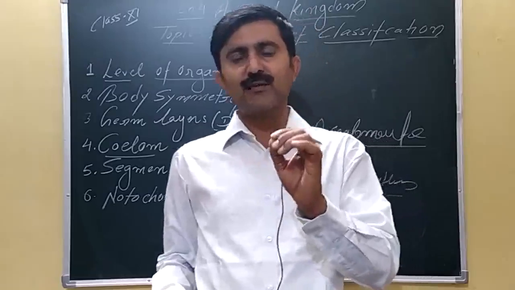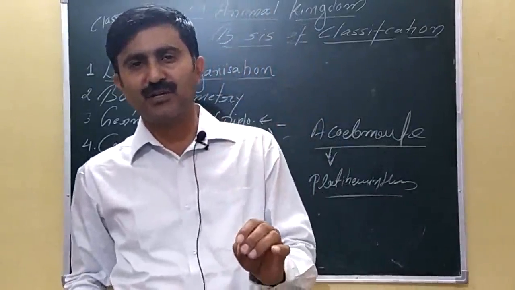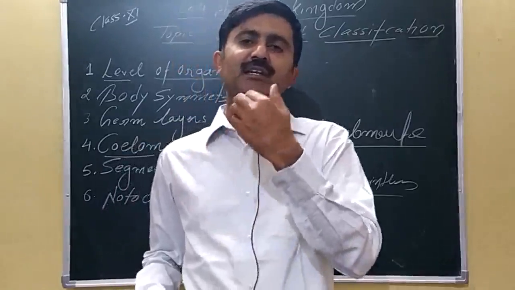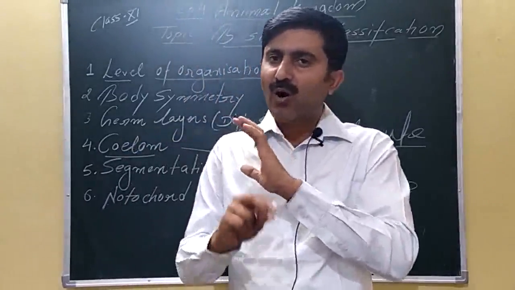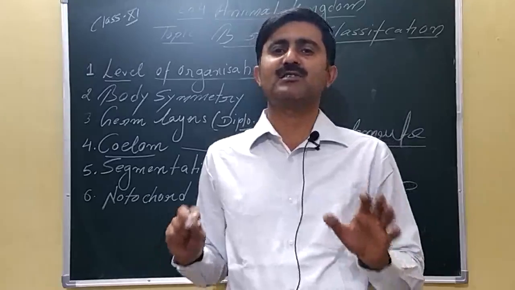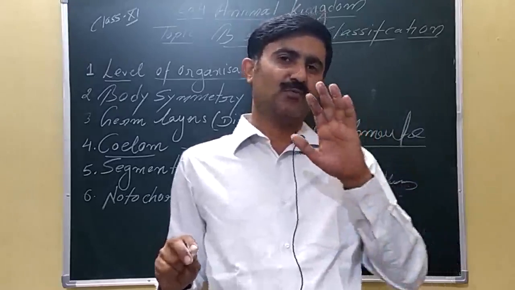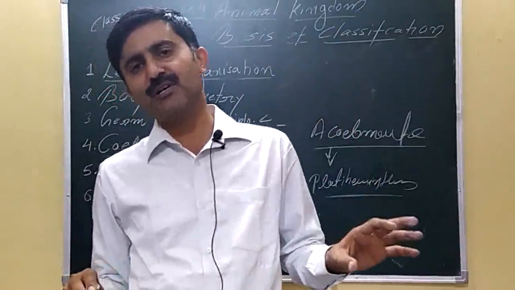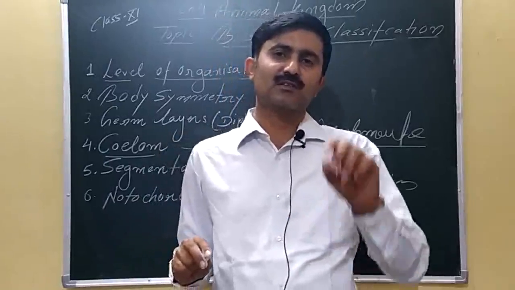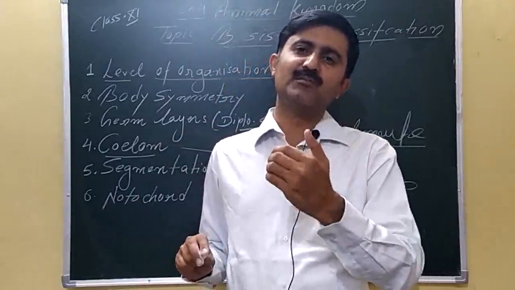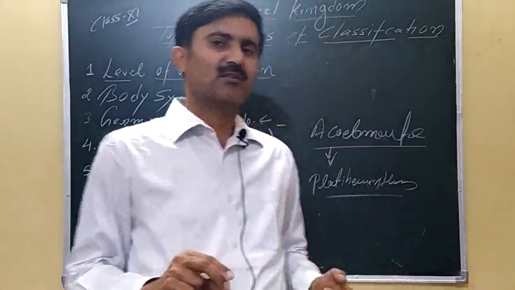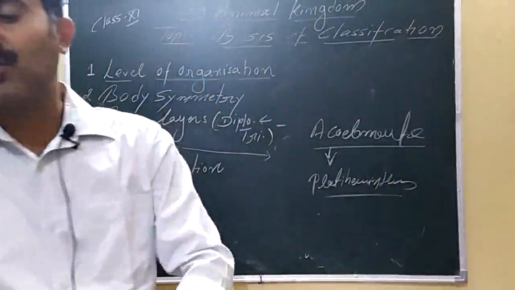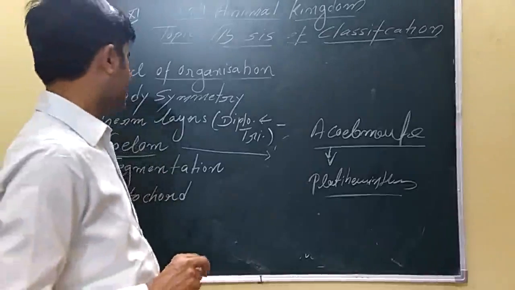Then the next group is Aschelminthes or Nematoda, pseudocoelomate. And after Aschelminthes, Annelida and onwards, all animal groups are coelomate. So before Aschelminthes, all primitive groups are acoelomate. Aschelminthes, pseudocoelomate, and after Aschelminthes, all the rest of the groups are called coelomate, meaning they have a true body cavity.